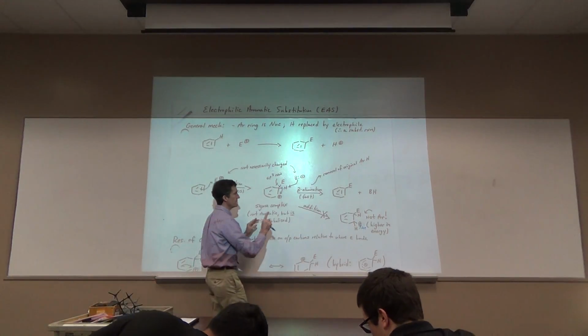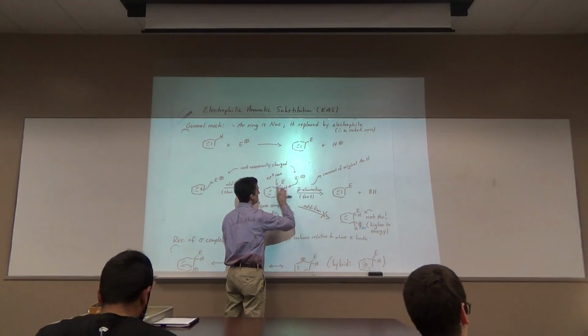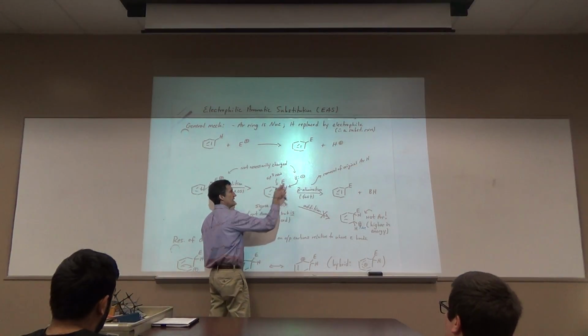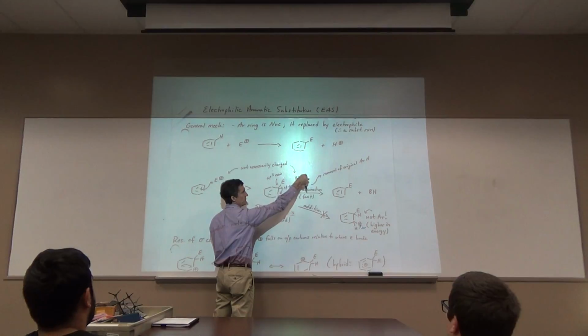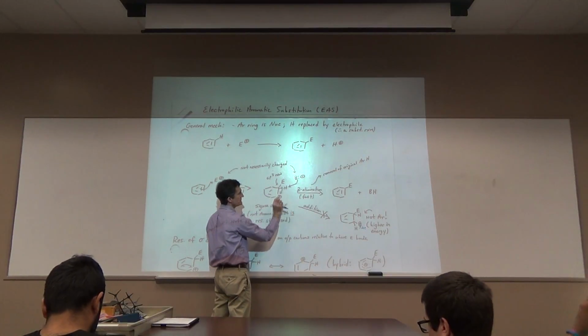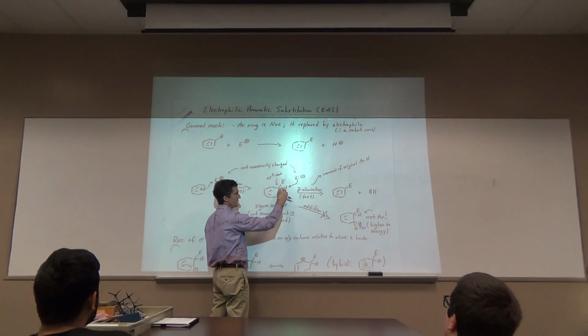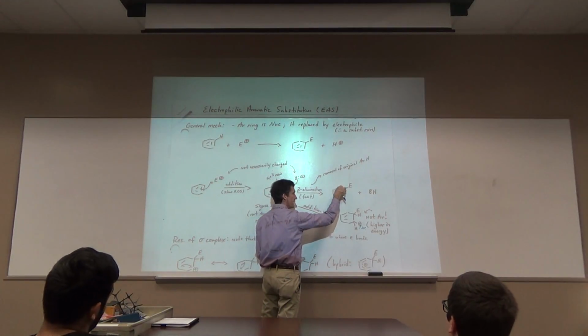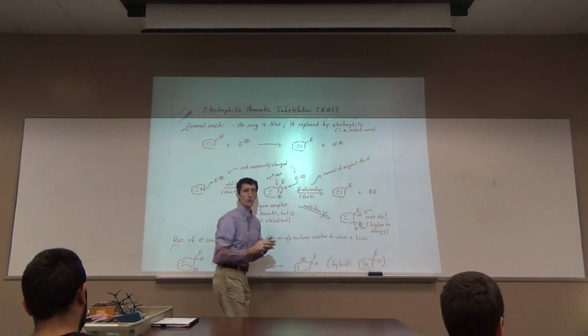Instead, what happens here, and this is what's new, but it's really not very crazy. Instead, a mild base takes the H, and the electrons move in to put the pi bond back in, and we have the aromatic system restored.